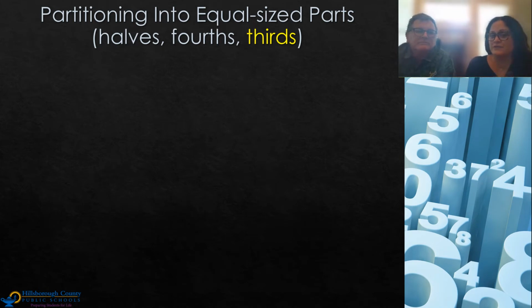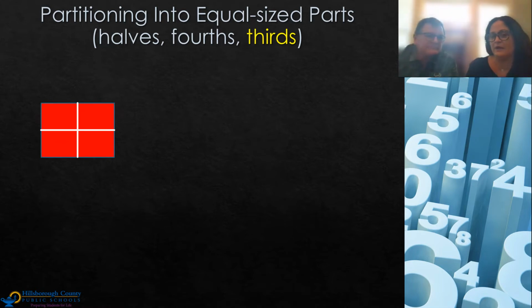So Daryl, as you see here, we're going to focus on partitioning our shapes into equal size parts. I have thirds highlighted because, again, that is new to second grade. They have worked on halves and fourths in first grade. So here we see our first figure. What do you see here, Daryl? Well, I like to anticipate an exemplar answer for what I would want a second grader to say here.